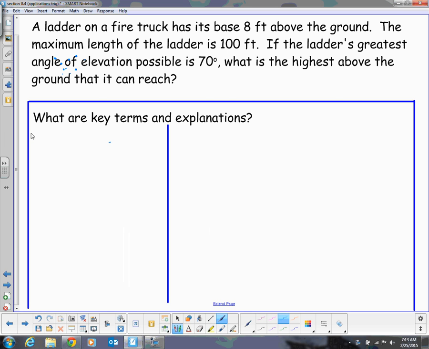Angle of elevation, we're in trouble, correct? Okay, angle of elevation. Explain it. What does that mean? Angle of elevation.